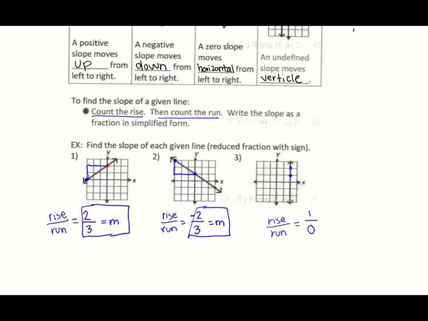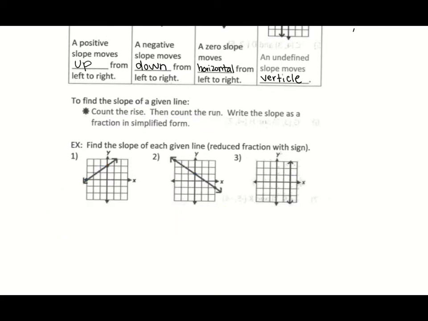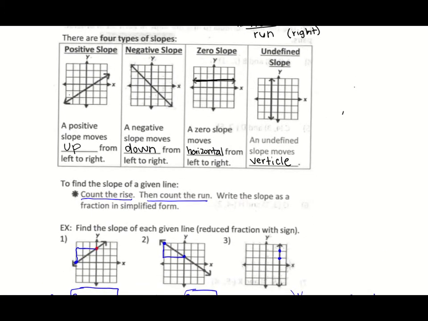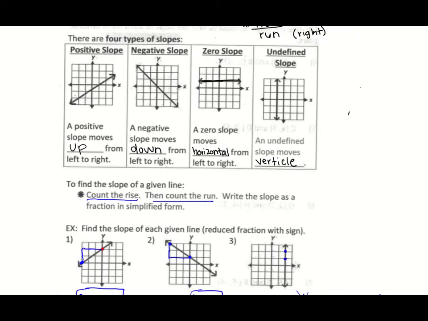If I have a 0 on the bottom of a fraction, that can't happen. So that makes this undefined. Now you can either do it like I just did, using rise over run still, or you can refer back to the top. If you see a vertical up and down line, you know right away that that slope is undefined, right here.